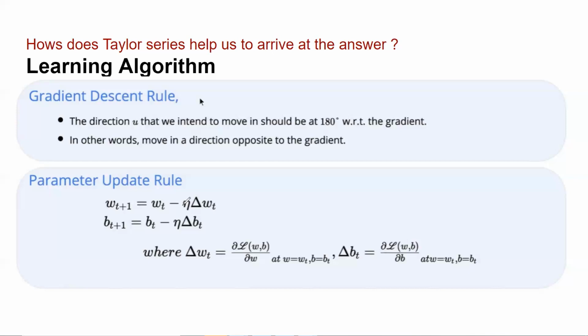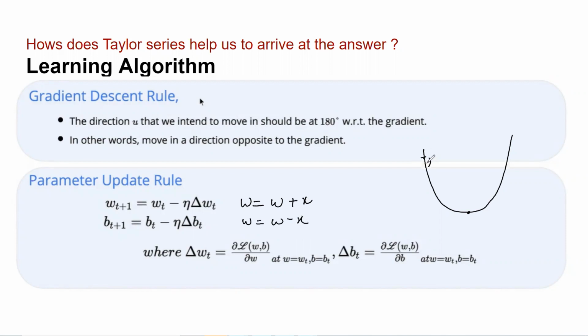Instead of this, you could have simply done something like this also: w equals w plus x, w equals w minus x, the thing which we have learned in perceptron. But the problem is, with the perceptron algorithm, suppose this is the loss function you have, and this is the point where you want to reach. Since we do not have any mechanism to control our update, you are at this particular position, doing a constant update, constantly adding x or subtracting x.